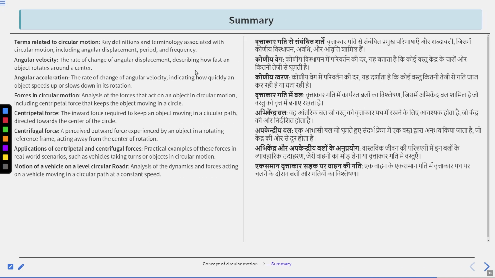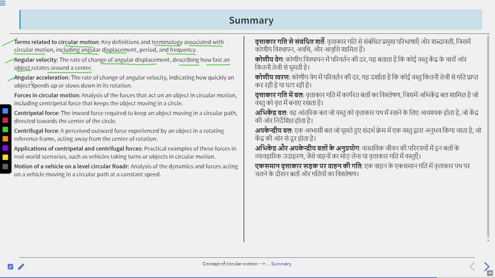Next, summary. First we covered terms related to circular motion, key definitions and terminology associated with circular motion, including angular displacement, period and frequency. Second is angular velocity, the rate of change of angular displacement, describing how fast an object rotates around a center.